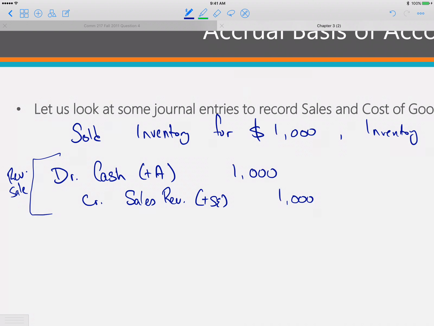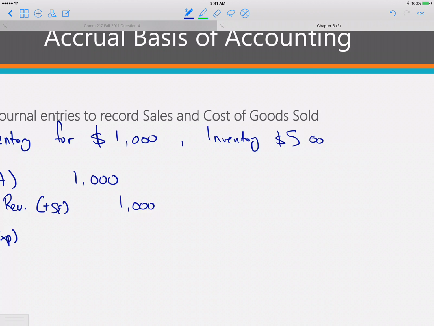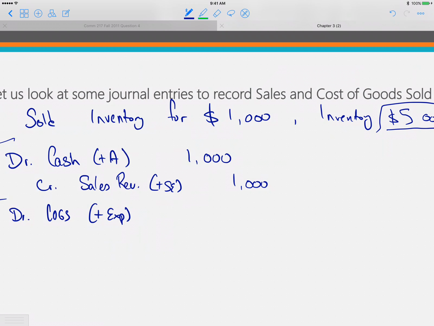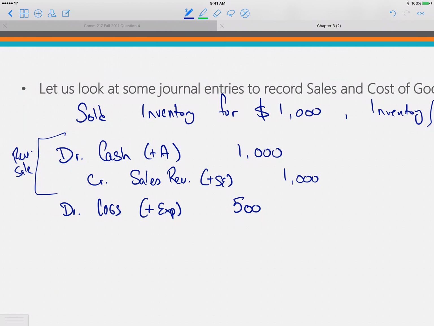We would then add to this journal entry, we would debit cost of goods sold or cost of sales, and that is an increase to our expenses. And how much did we pay for the inventory? We paid $500. That's what the inventory cost us. So we expense $500 on our income statement, and we credit inventory. So that's a decrease to assets of $500.